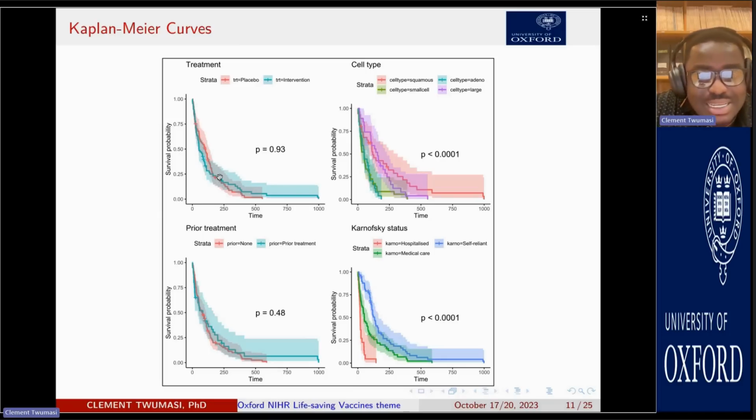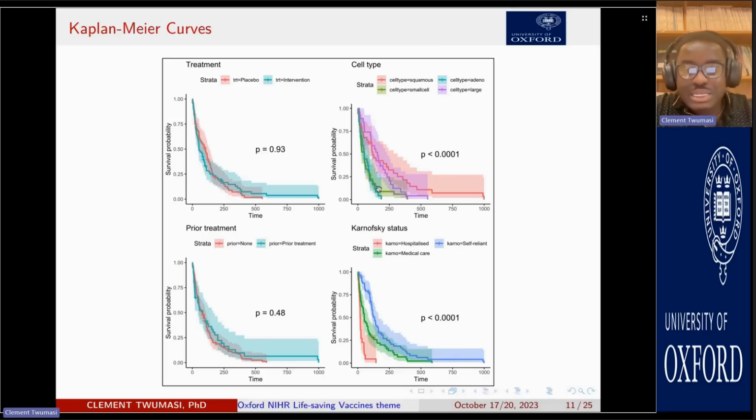Often, if the curves intersect at any point in time, especially when there are two levels, there's an assurance that there's not going to be any significant difference. If there are two levels, the only instance the test will conclude a significant difference is when there is no intersection. But we could have, let's say, four levels.